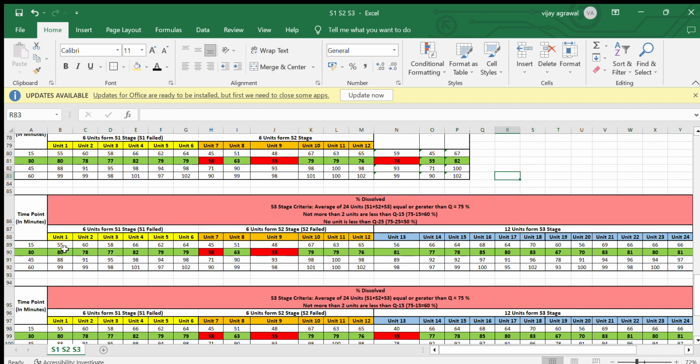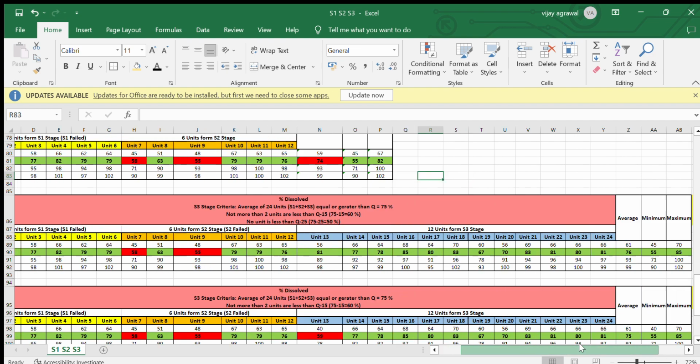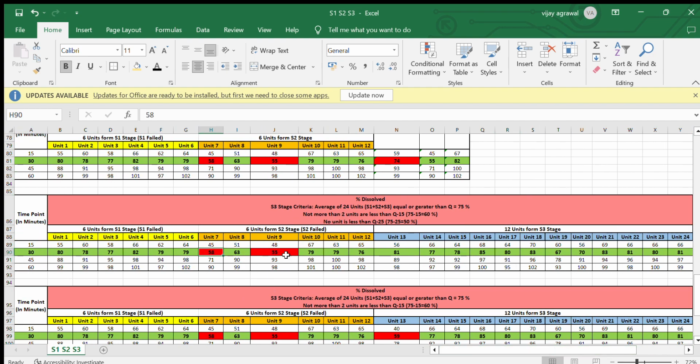Now see the data. The 2 units are less than 60%, but no unit is less than Q minus 25%. That means 50%. So all these units are above 50%. 2 units are less than 60% but above 50%.